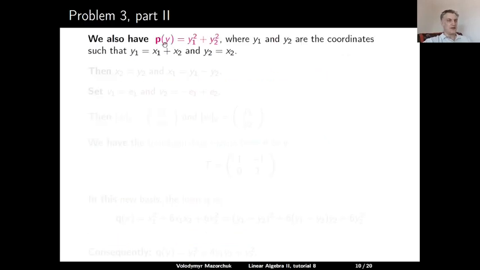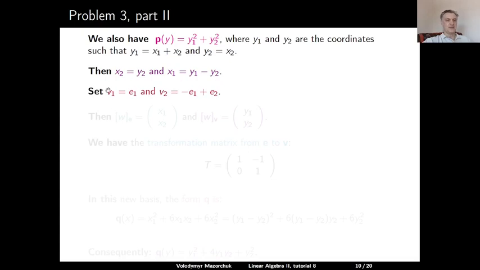We can write P as P of y equal to y1 squared plus y2 squared, where y1 and y2 are the coordinates corresponding to the base change such that y1 is x1 plus x2 and y2 is x2. Then we compute the base change in the opposite direction, so x2 is equal to y2 and x1 is equal to y1 minus x2, which is y1 minus y2.